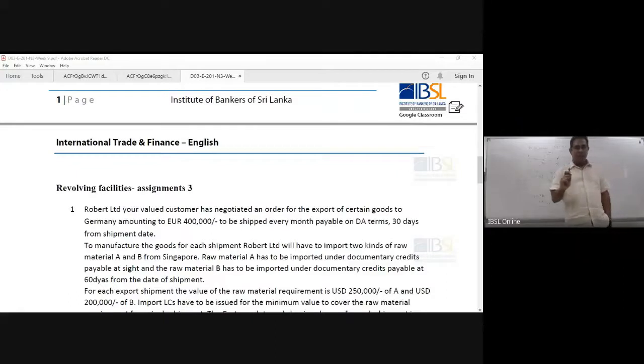Tenor of the export bill is 120 DA terms. Value of the export bill is €100,000.